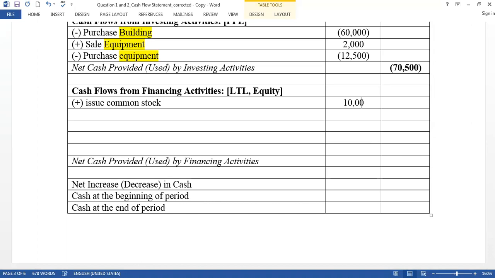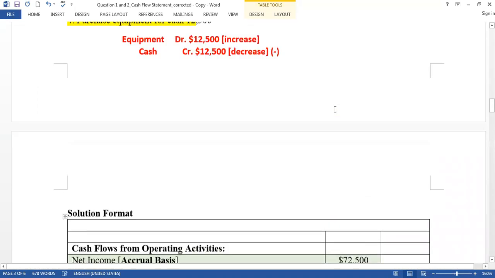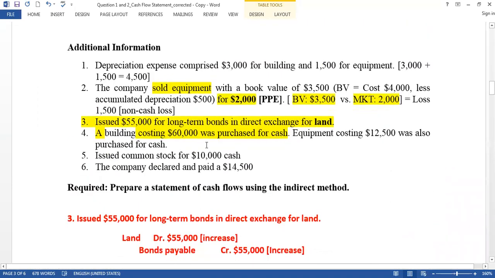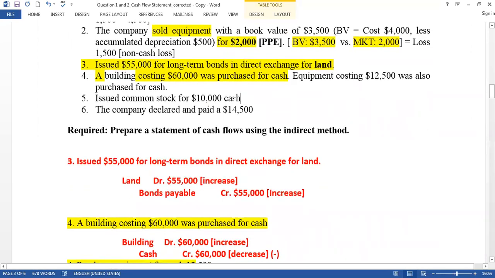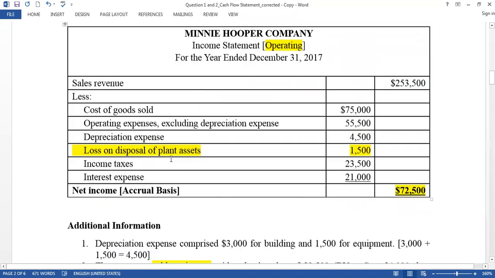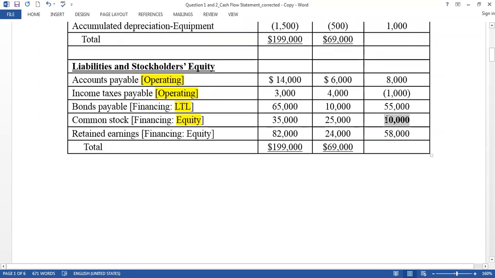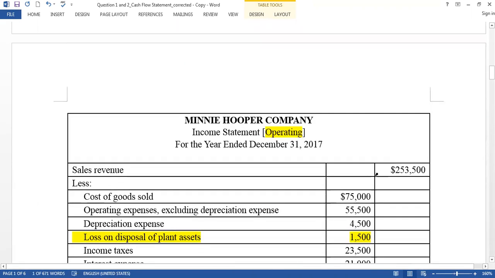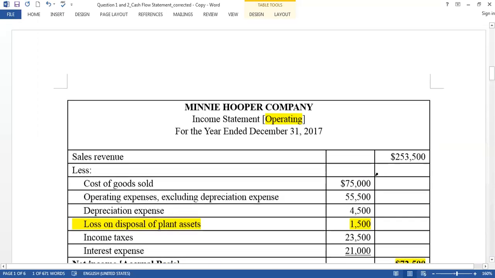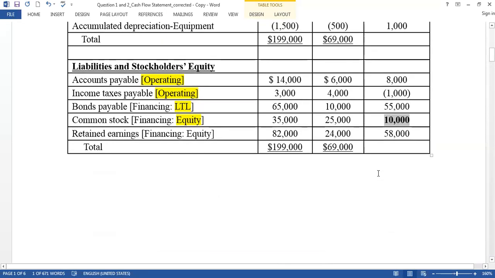Now I'm going to tell you one important point. For example, this is not given. This I delete first. Look at this sentence: issue common stock 10,000 for cash, right? For example, I delete this, and here I find that common stock increased. So if there is no other information under additional information, then you have to treat it as cash.